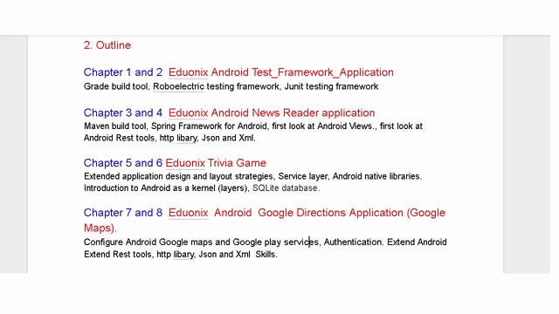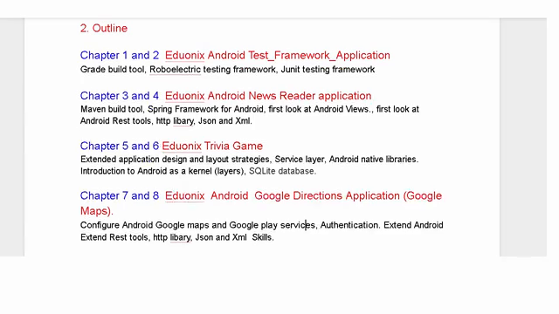RoboElectric allows you to create JUnit tests inside your application just as you would in a normal Java application. This is a big step forward for Android. We're only at the beginning of this, and this RoboElectric library is very new, but because of the importance of being able to establish a rigorous test framework in any application, we introduced the RoboElectric framework with JUnit testing.